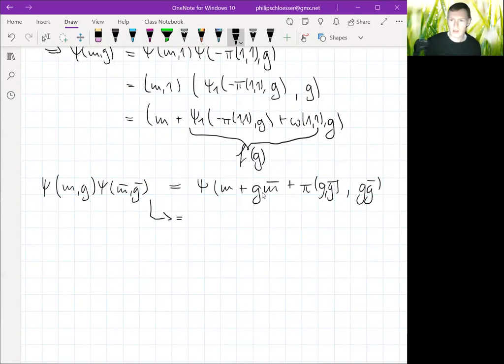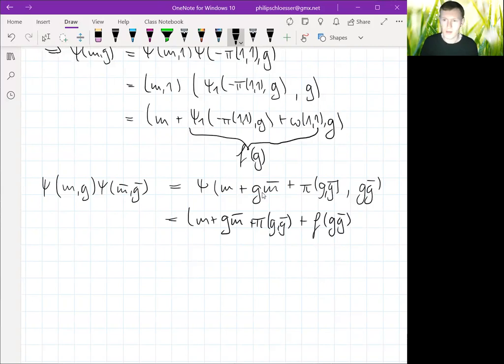On the other hand, we have an idea of what psi looks like. So we can just apply that formula there. And we get that this is equal to m plus gm bar plus pi g bar, so exactly that expression here, plus f of g bar, the product. And then that thing there as the second.